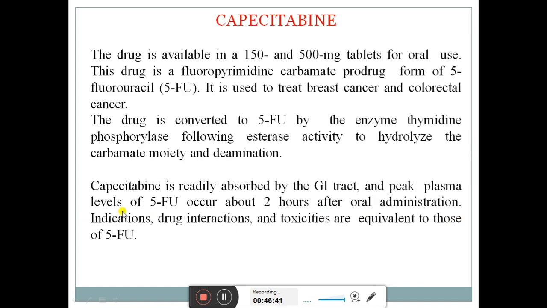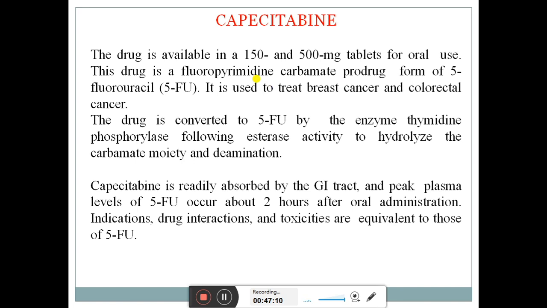So the next drug is capecitabine. The drug is available in 150 milligram and 500 milligram doses, in the form of a tablet. This drug is a prodrug. Okay, that means it undergoes activation, some metabolic steps in our body, and the metabolite of this drug is the active form.